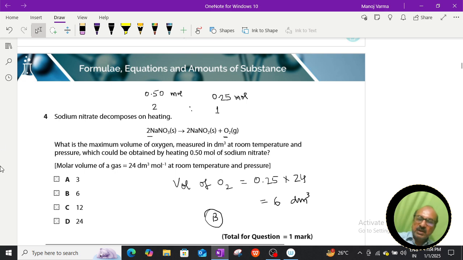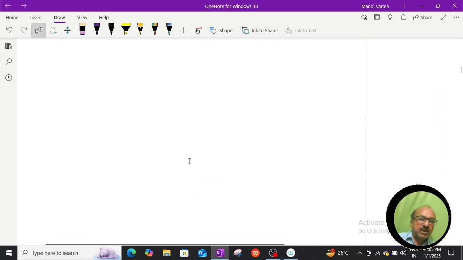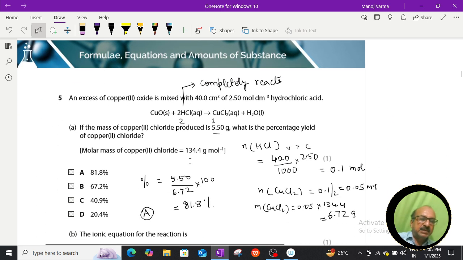So if you have got 0.5 mole of sodium nitrate, the moles of oxygen formed will be half of this, that is 0.25 moles, correct? And then you simply multiply by 24 to get the volume, and that comes out to be 6 dm³, and therefore the answer is B. Hope you understood this.